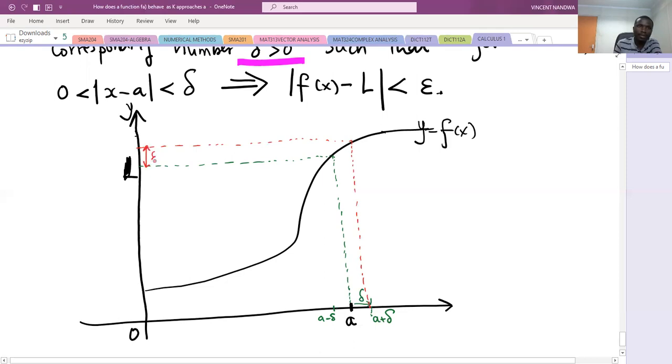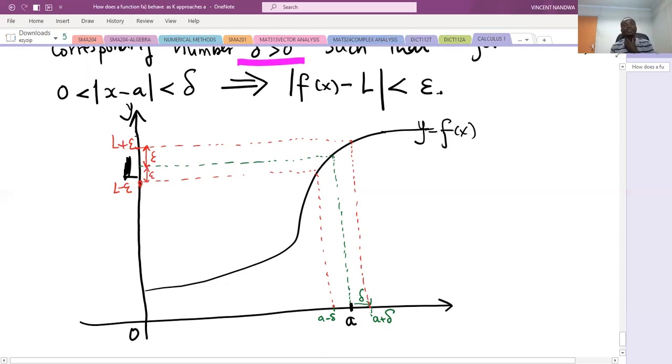So this point will be L plus epsilon. And this one is also epsilon, and then this point will be L minus epsilon.